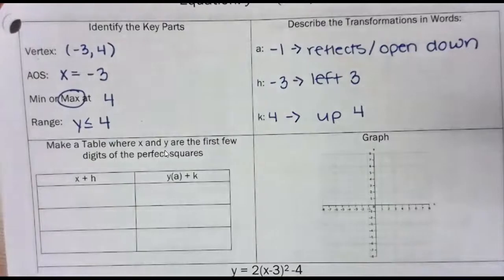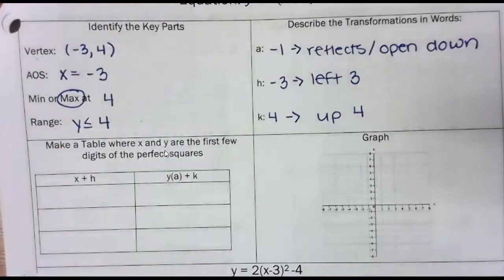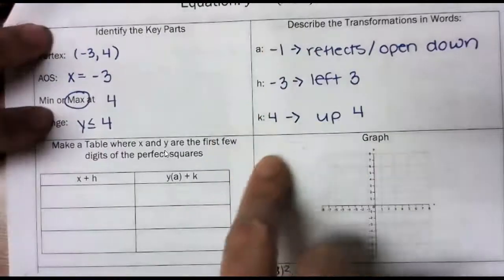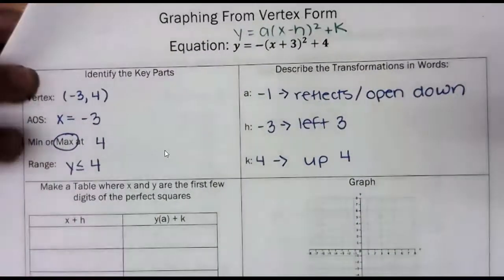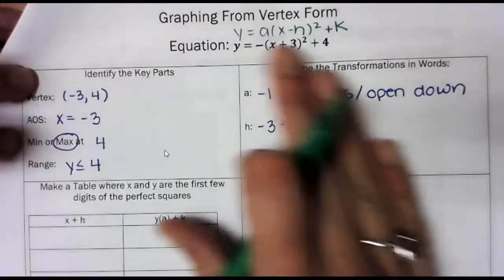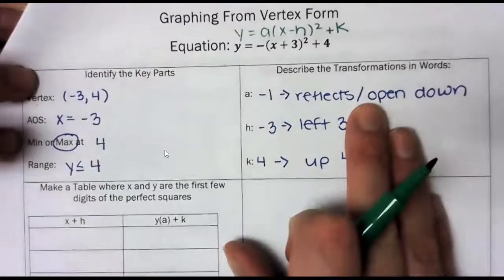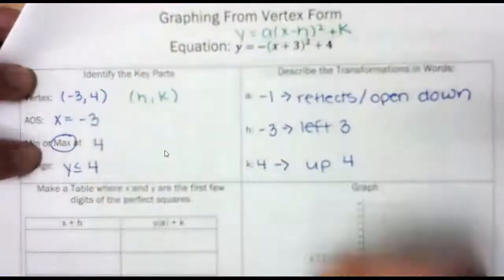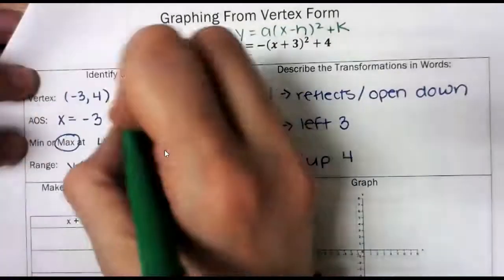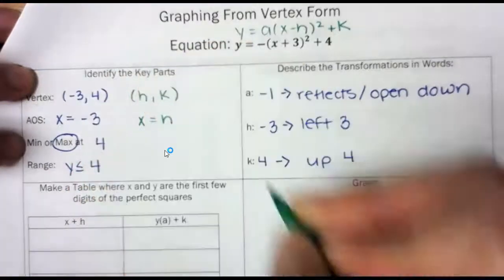Yep. So, here's a hint, guys. In general, these always follow. A, h, and k don't change. It's y equals a(x minus h) squared plus k. So everything I'm putting up here in green is always related to green. The vertex is always (h, k). The AOS is always x equals h.